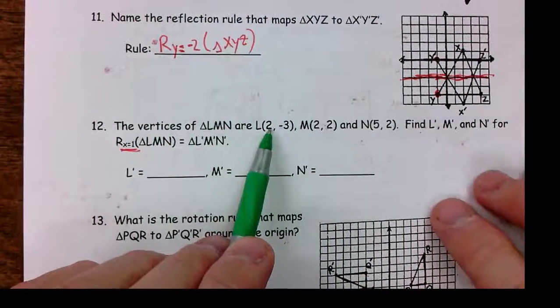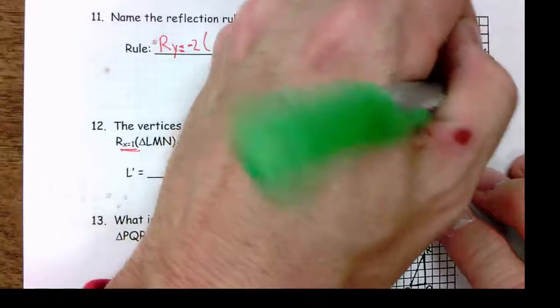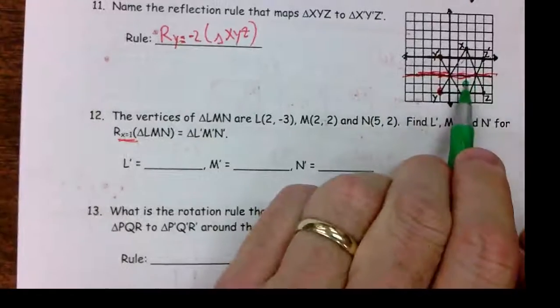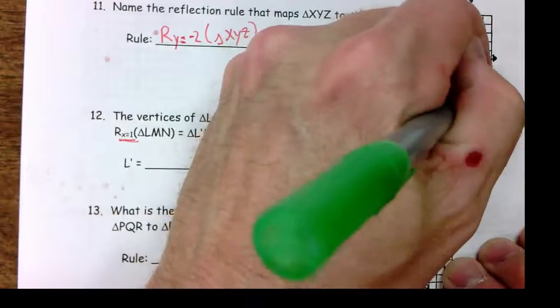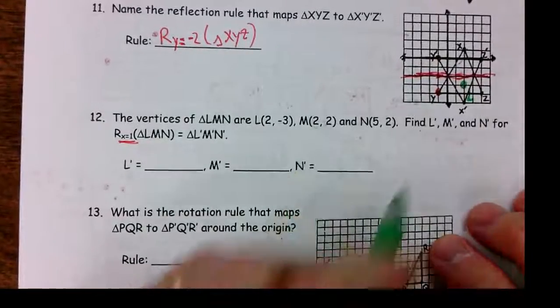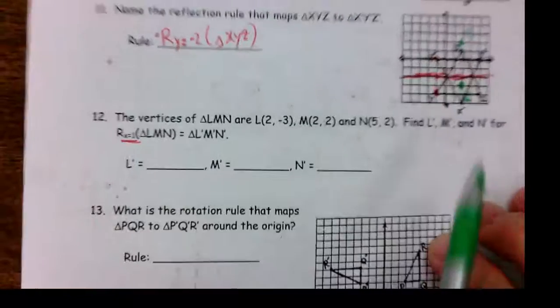Like L is at 2, negative 3. So I might go to 2, negative 3. And that green dot is L. I guess I'll put an L there. And then M is at 2, 2. So that's right there.